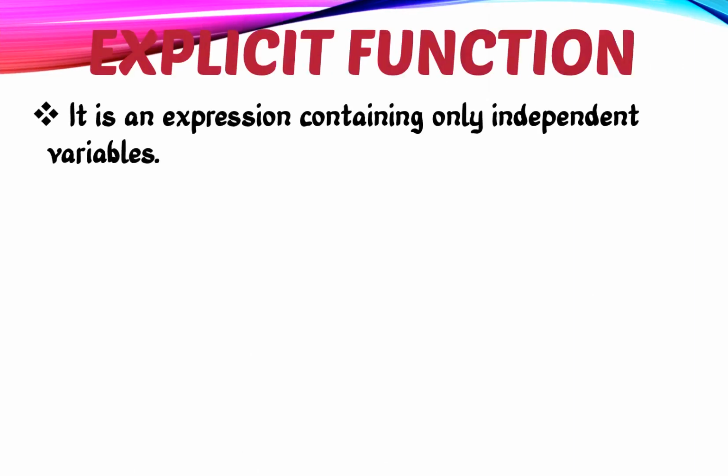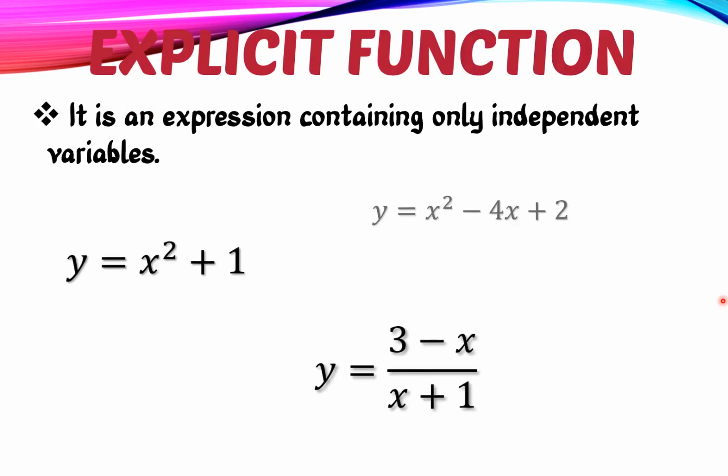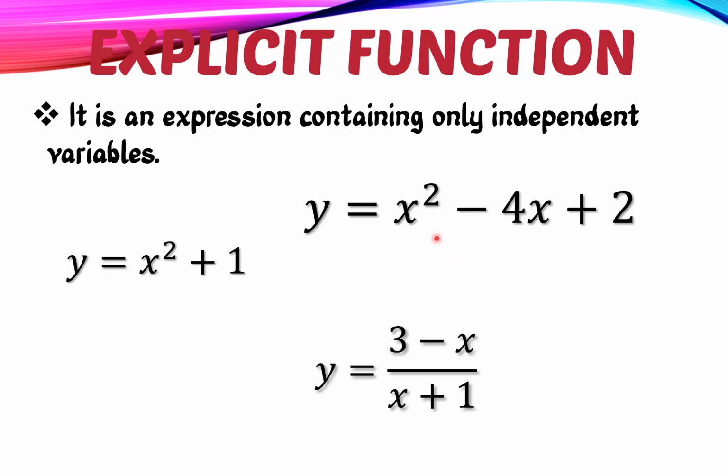To define it clearly, when we say explicit function, it is an expression containing only independent variable, just like these examples. So there is only one variable on the other side, and y is expressed in terms of x.